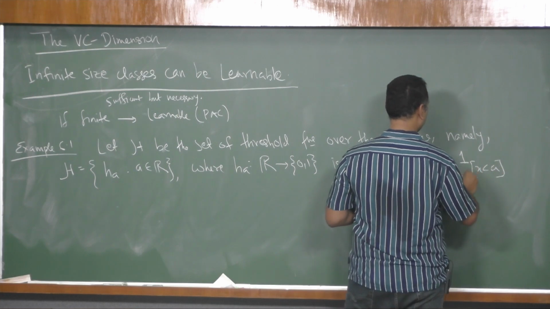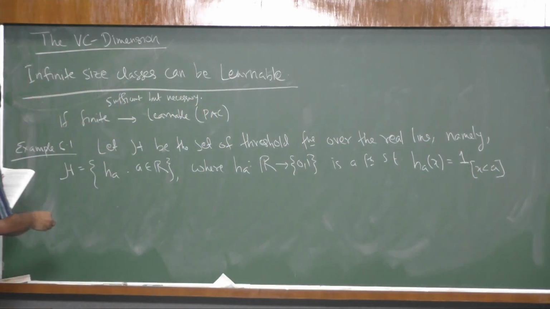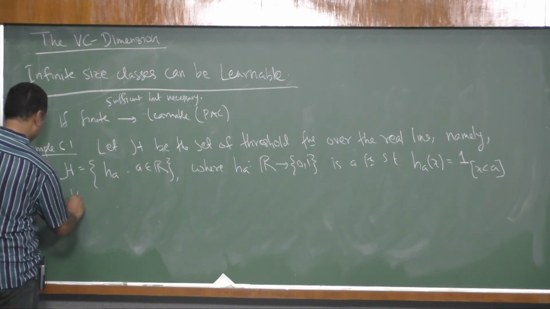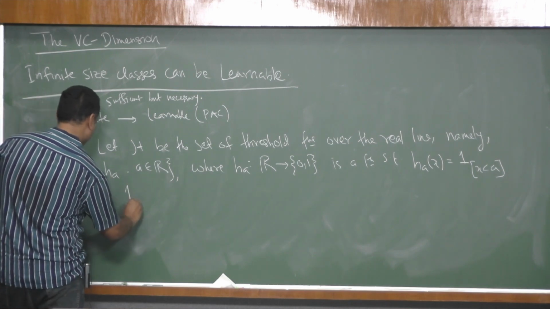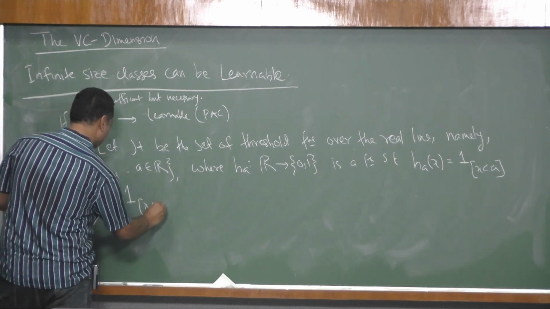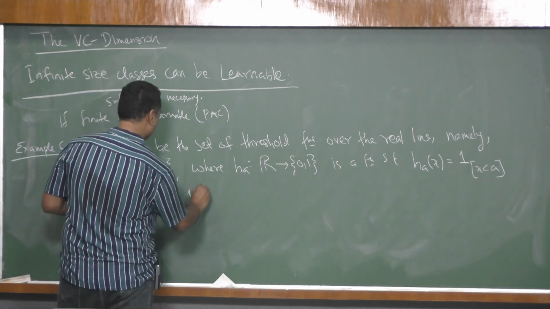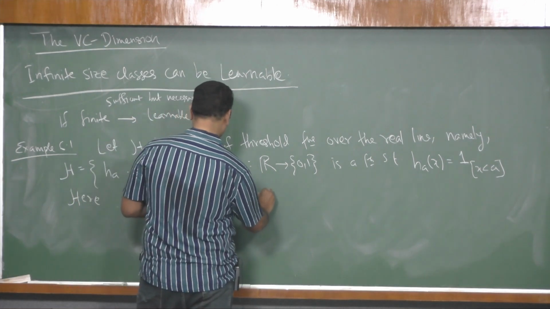Whenever x is less than a, then it's 1, otherwise it's 0. So I'm just defining this notation here itself: h_a(x) is 1 if x is less than a and 0 otherwise.